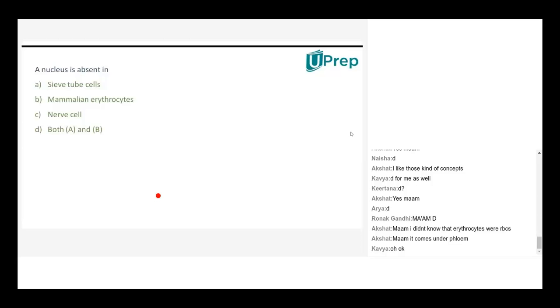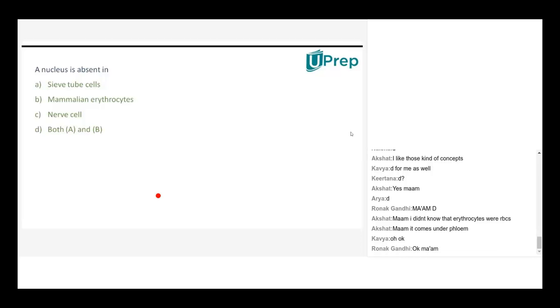So, all the cells will have a nucleus, but when they get into mature condition, some cells die off. In such dead cells, the nucleus will not carry any function. So, the answer for this question is both sieve tube cells and mammalian erythrocytes. Clear?